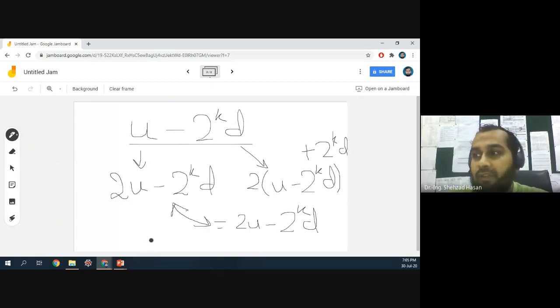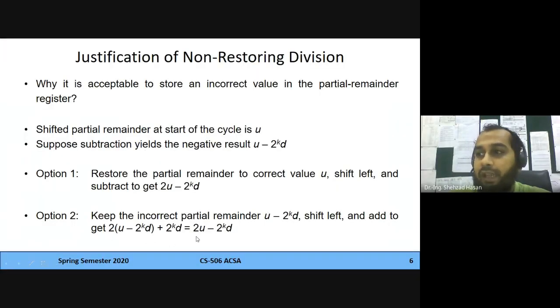So the basic idea is the end result would be the same, provided instead of doing a subtraction, you change the operation to addition. Addition and subtraction are the same thing, taking the same time because they are being done by the adder.